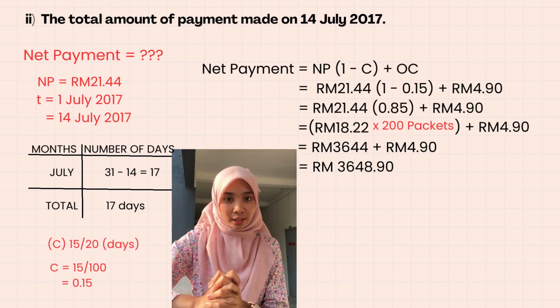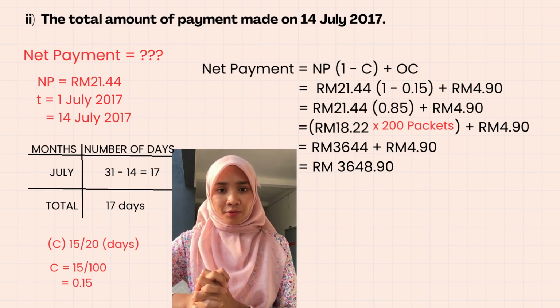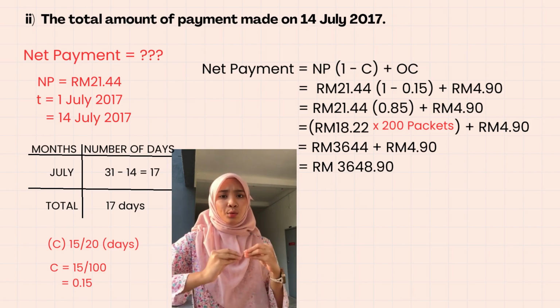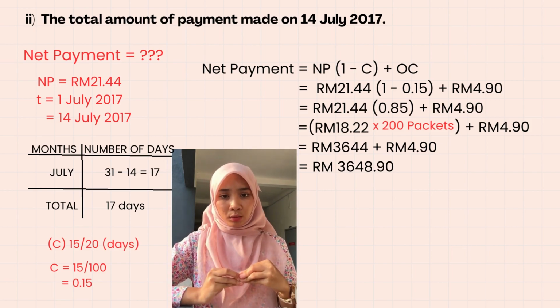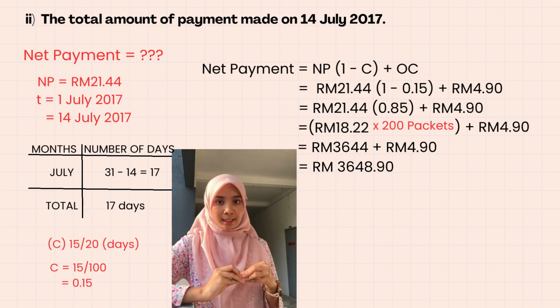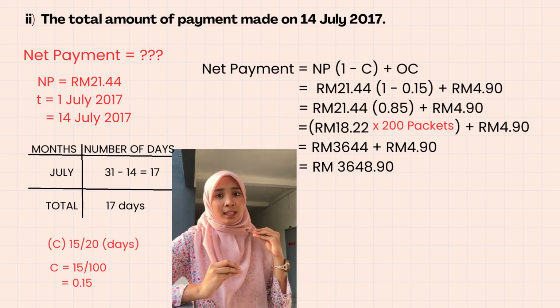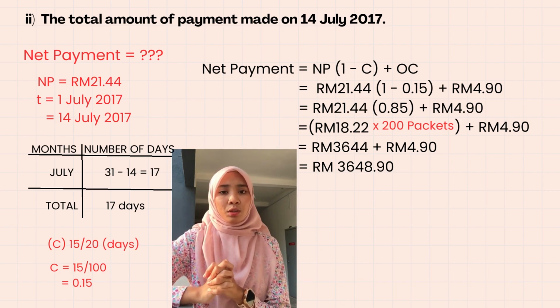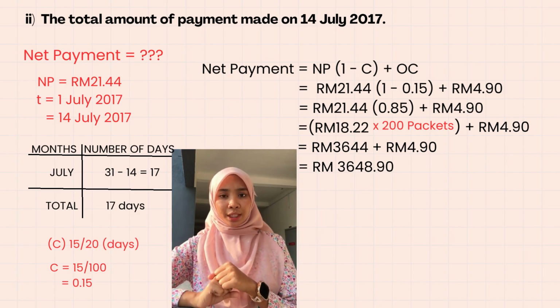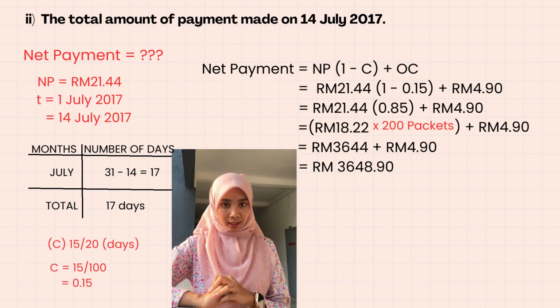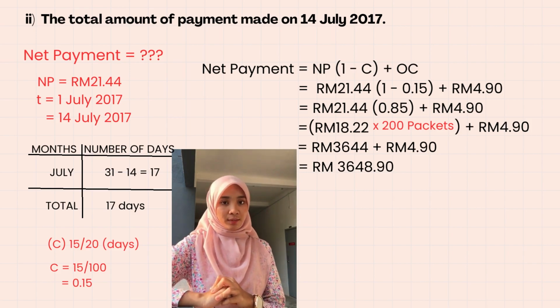Same as the first question, we will use the information given. NP equals RM21.44, by the way, from answer number 1. Next, we also have T, or time, which is 1 July 2017 and 14 July 2017.